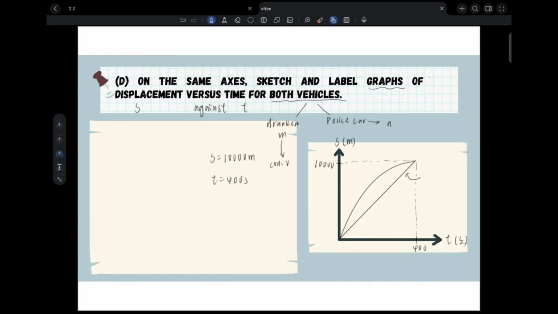This is the drunken motorist, and this is the police patrol car. And don't forget to write the 0 at the origin, and that's all.